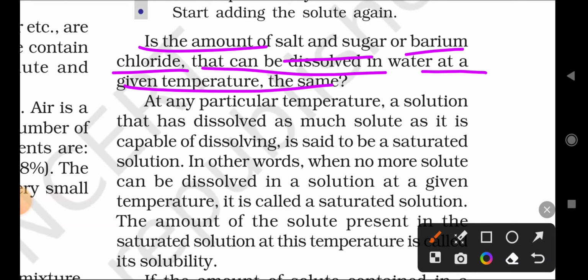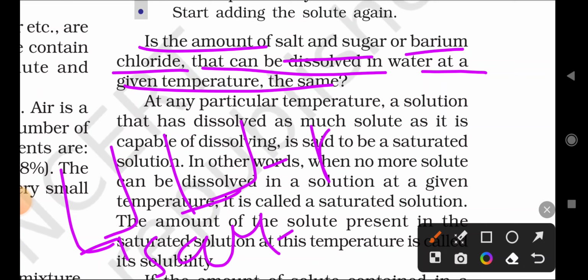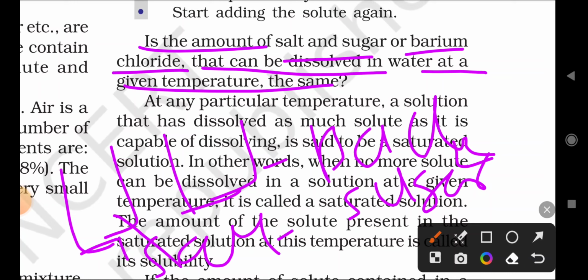In container A and container B, we added different types of solute. One we added salt, another barium chloride, or sugar, correct? So the dissolving of salt in container A and barium chloride or sugar in the other, is it the same or not?